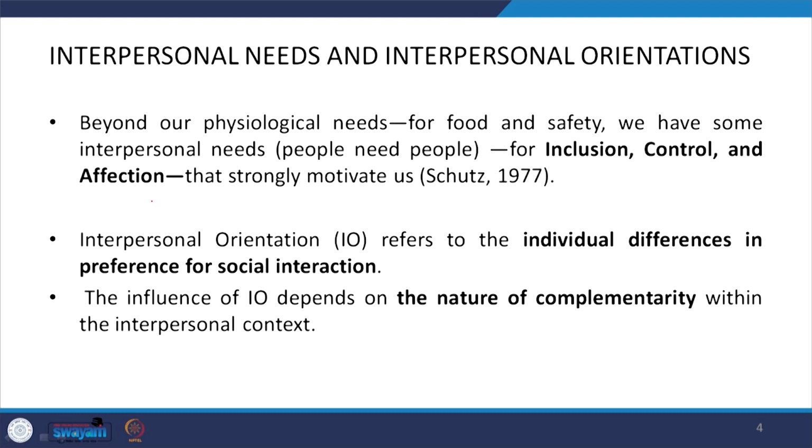Beyond our physiological needs for food and safety, we have some interpersonal needs also, because we are human beings and therefore people need people. In my earlier lecture I mentioned involvement, which is a very important concept in interpersonal relationships. If you want to develop a strong relationship, naturally you have to involve others, and therefore people need people.